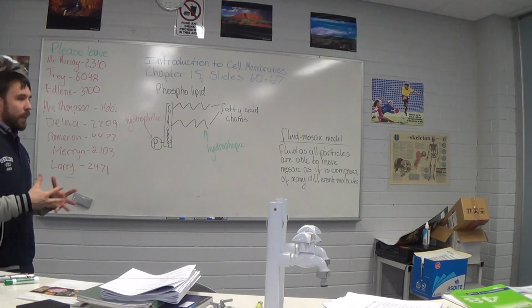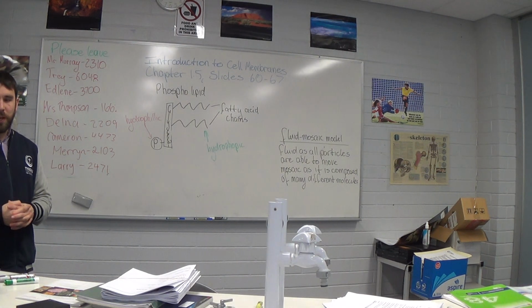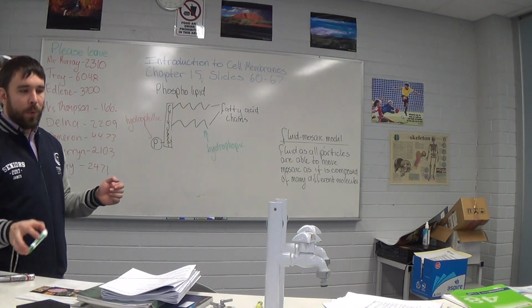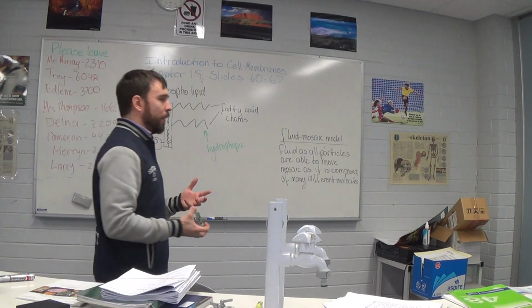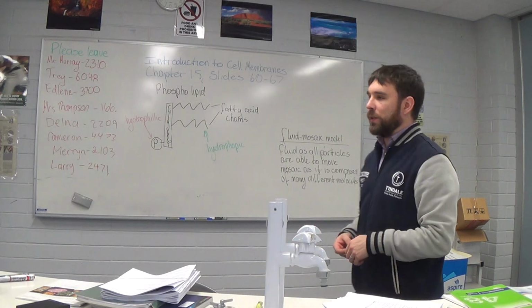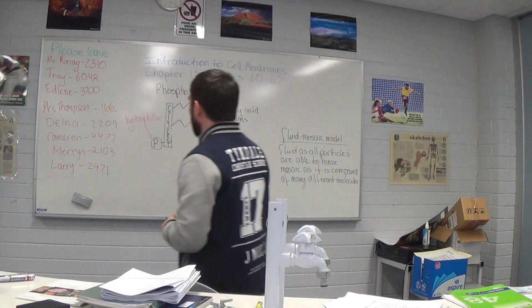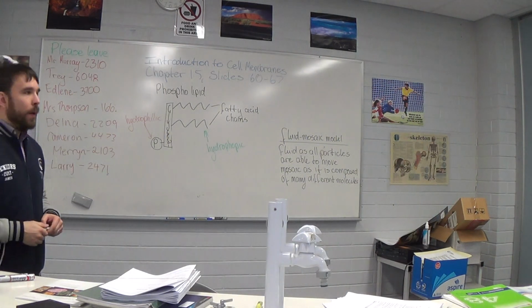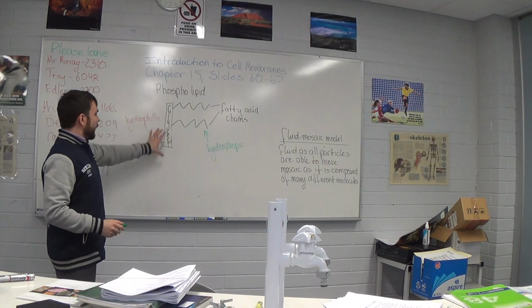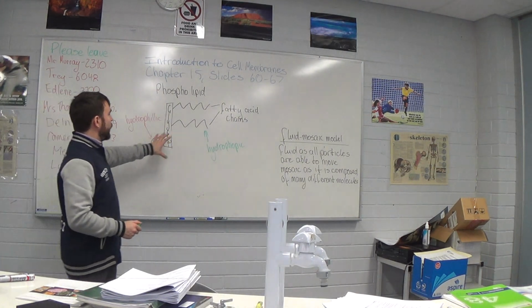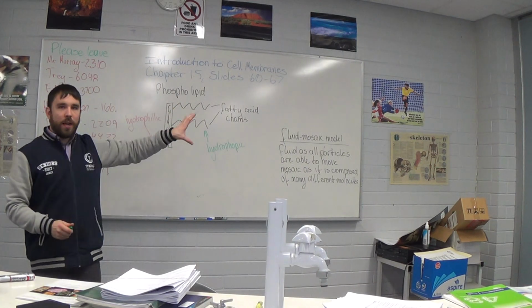This creates a real interesting relationship between these two different sides. And it means that the cell membrane acts as a very effective barrier. And we'll talk a lot more about this when we get into diffusion and osmosis and all of those sorts of things. But it acts as a very, very efficient barrier between the water in the extracellular fluid and the water in the cytoplasm and these fatty acid chains.